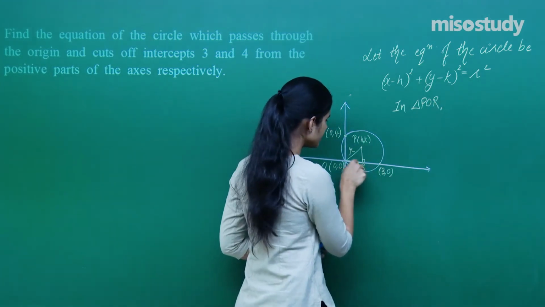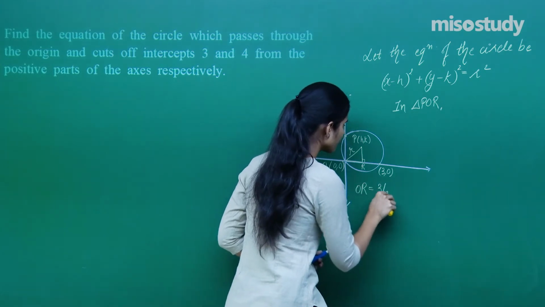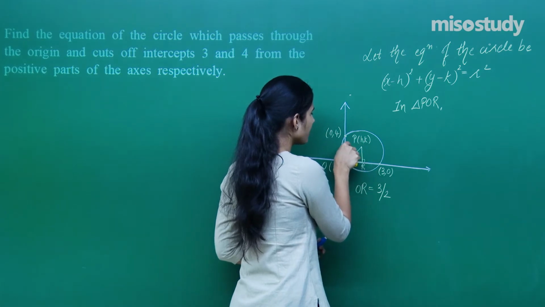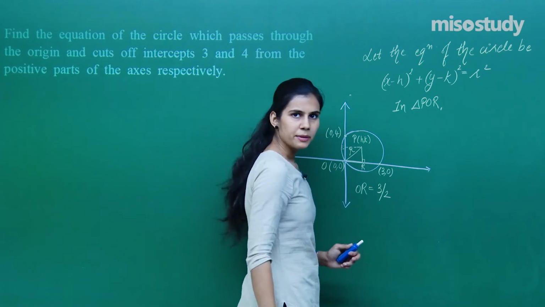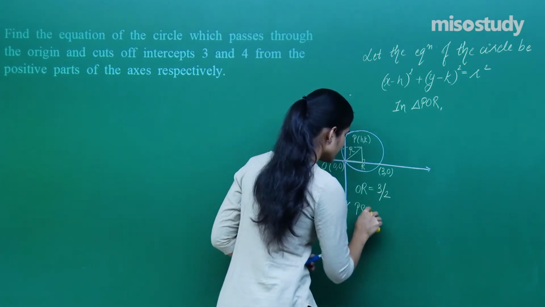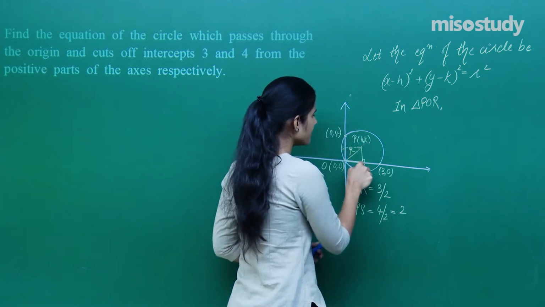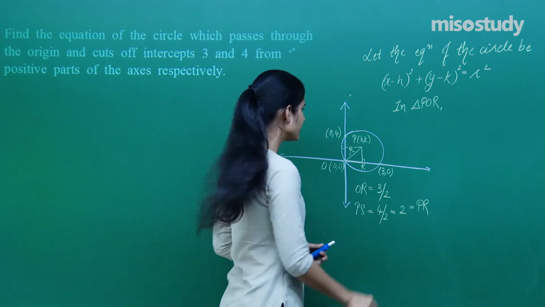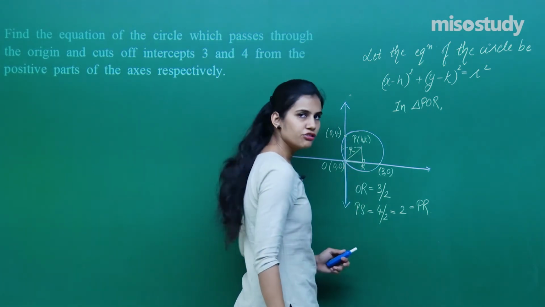Obviously if this complete is 3, OR is half of 3, and if this complete is 4, if I drop a perpendicular from here to here, say this is S, then PS is half of 4, and PS is same as PR. So you are getting PR is 2 and OR is 3 by 2.